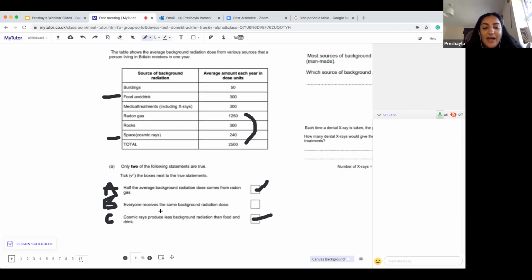And finally, everyone receives the same background radiation dose. Not true, okay? This is just the average person in the average location, going for an average amount of X-rays, being exposed to an average amount of radiation. However, let's say you have more X-rays that year than somebody else.